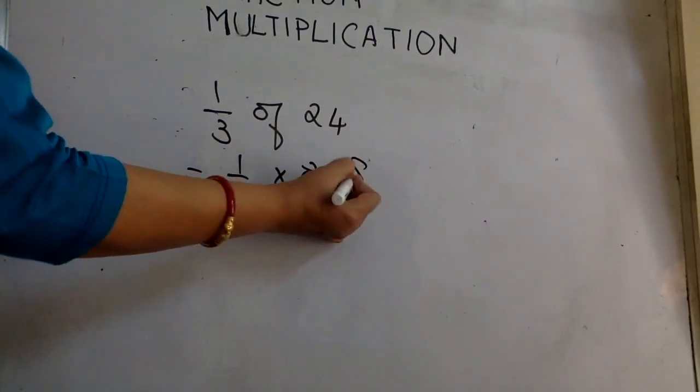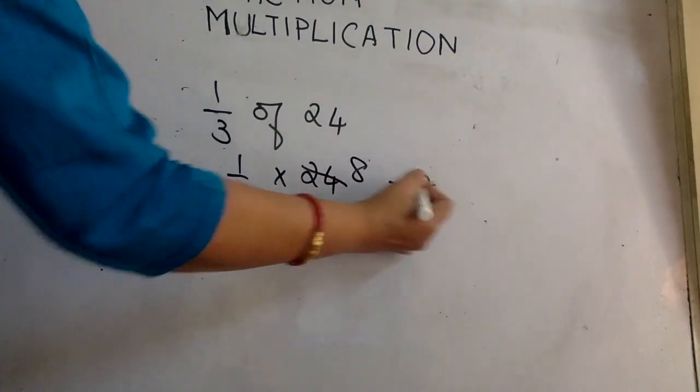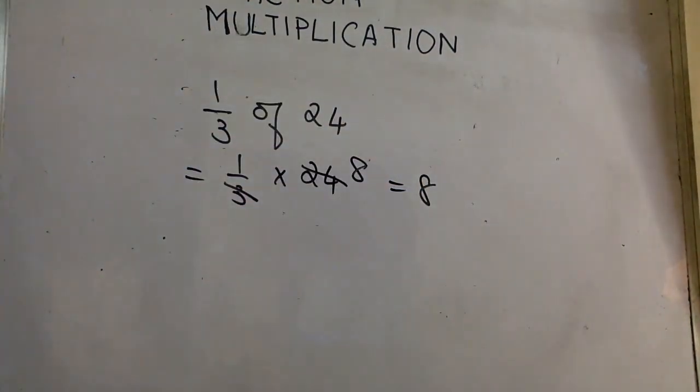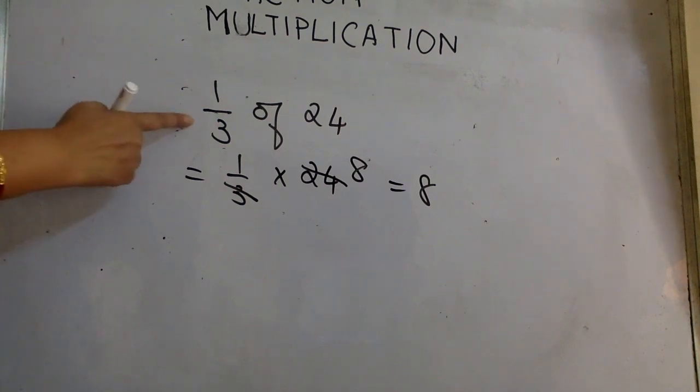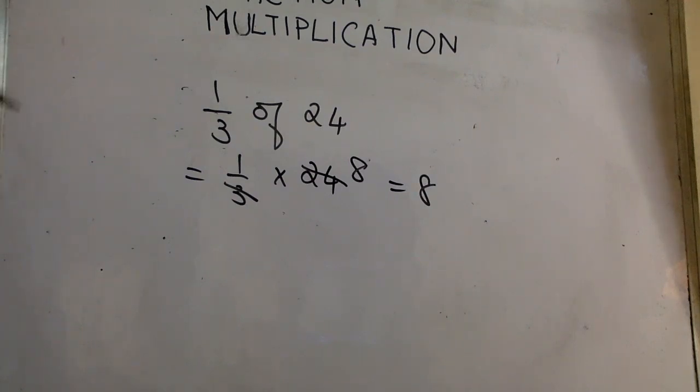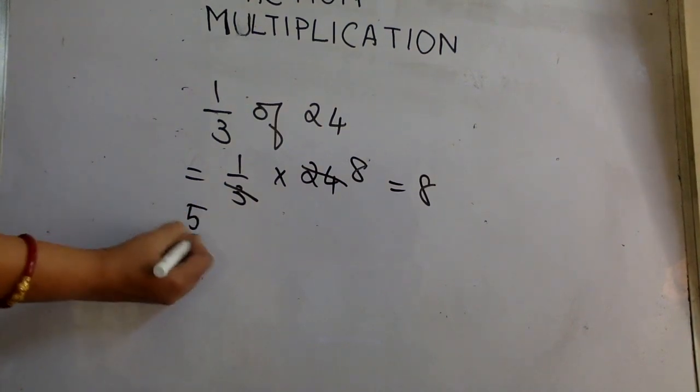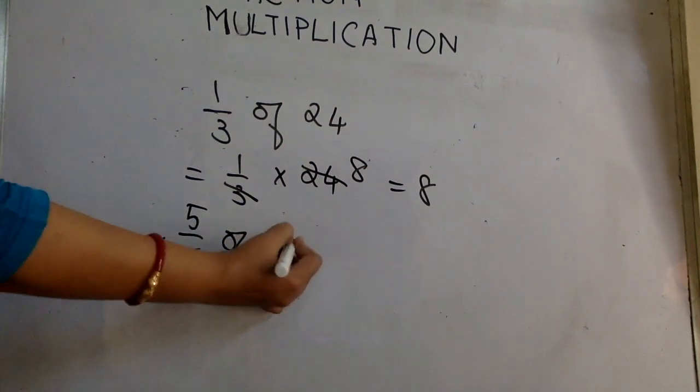So here we cancel, 8 into 1 is an 8, and below there's a 1 which we don't write. Okay, so this was an "of" kind of question, and always remember, I've seen children cancelling numerator and numerator, which is absolutely wrong.